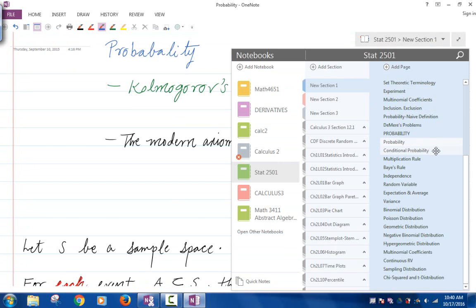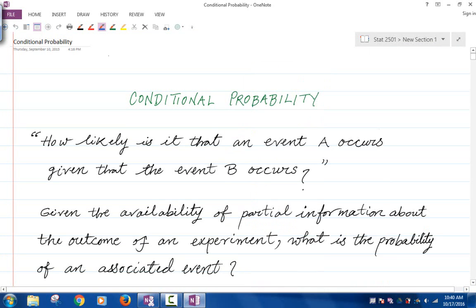Okay, we move on to a new topic now. This is a very important topic, and sometimes, initially at least, when people learn this for the first time, they struggle with the concept of conditional probability.